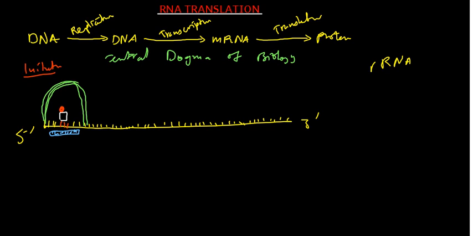Now what is going to happen is this compound which is here, okay, so when tRNA attaches to the ribosome, that is called amino acyl tRNA complex.